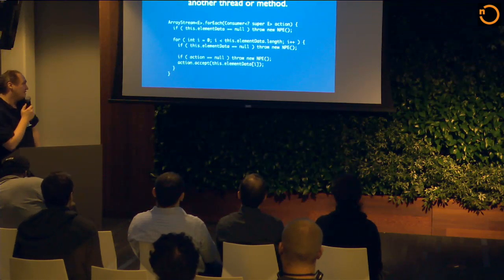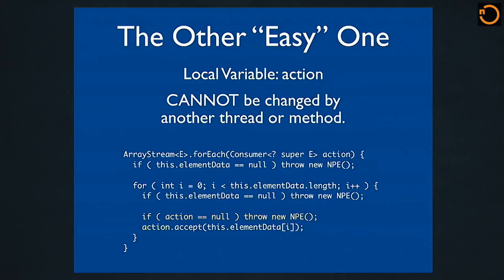The actual easy case is the action variable. It's easy because it's a local variable. It cannot be changed by another thread or even another method on the stack. It's very easy to reason about its properties. Okay, what are you going to do?